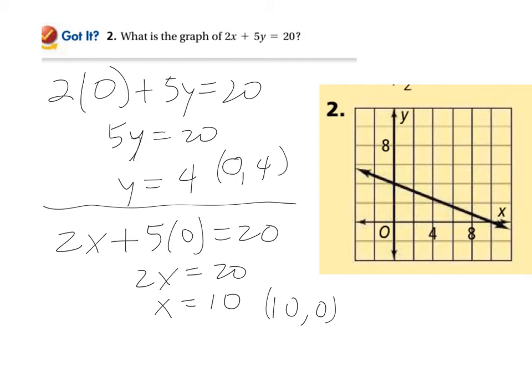And you can see over here, I already graphed it for you. So we have (10, 0), that's out here, right? And then we have (0, 4), that's up here. These are going by 2s. And then just draw the line using a ruler between them. And you get the graph, again, using the intercepts.